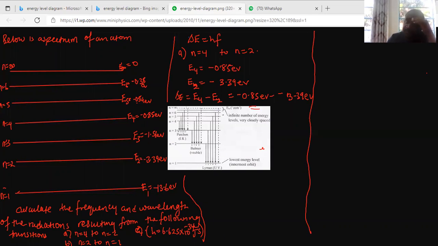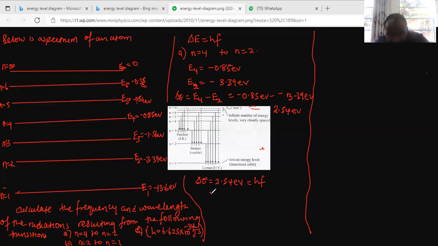What answer do you attain? 2.54 eV. So that is the change in energy. So the change in energy is equal to 2.54 eV. But this change in energy is equal to hf. So the question said we find the frequency and wavelength.